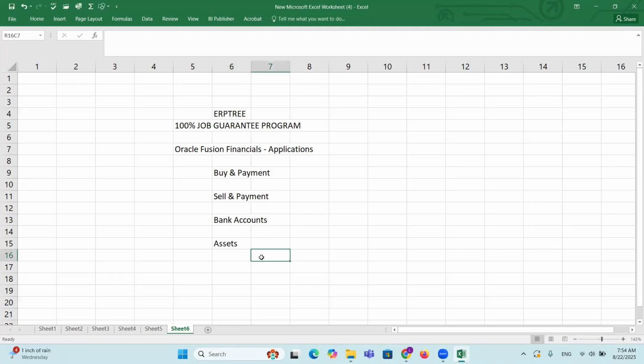So these are the core areas which we focus on as a part of this course.